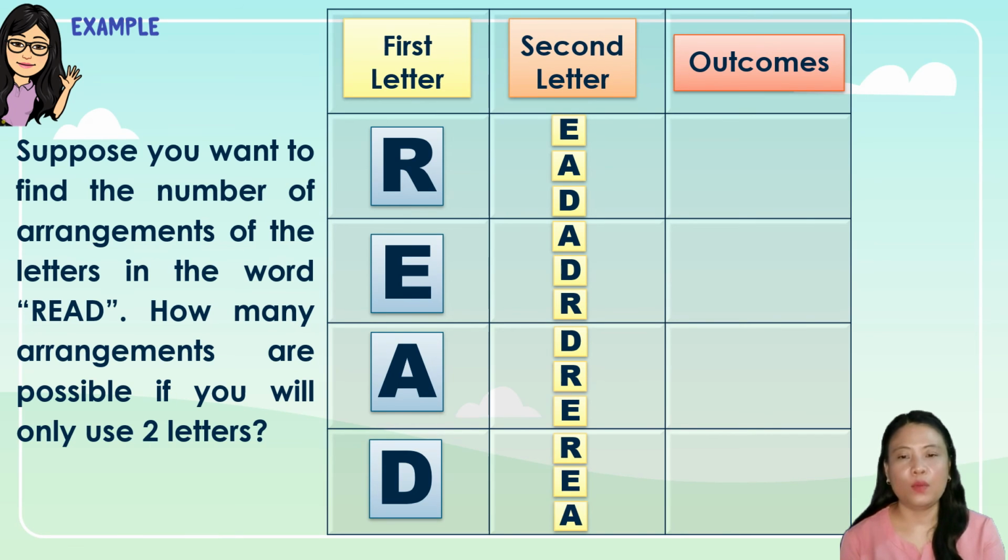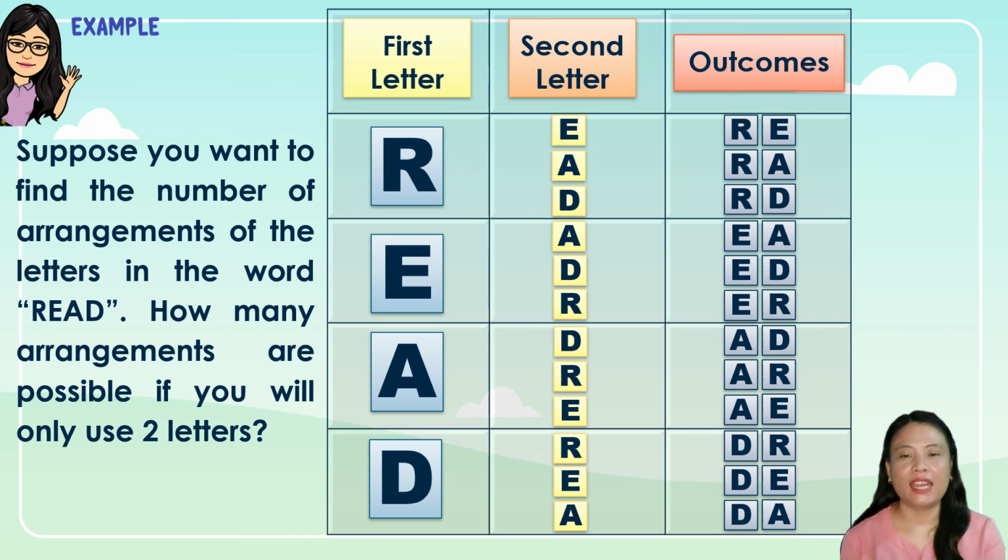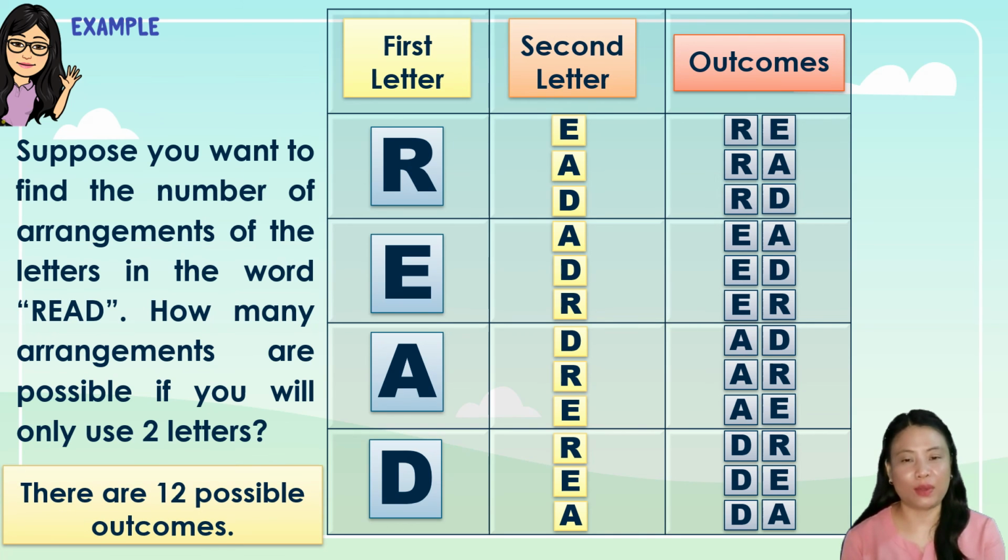Completing the table, we will have the following possible outcomes: RE, RA, RD, EA, ED, ER, AD, AR, AE, DR, DE, and DA. Can you count how many outcomes are there? Very good. There are 12 possible outcomes.